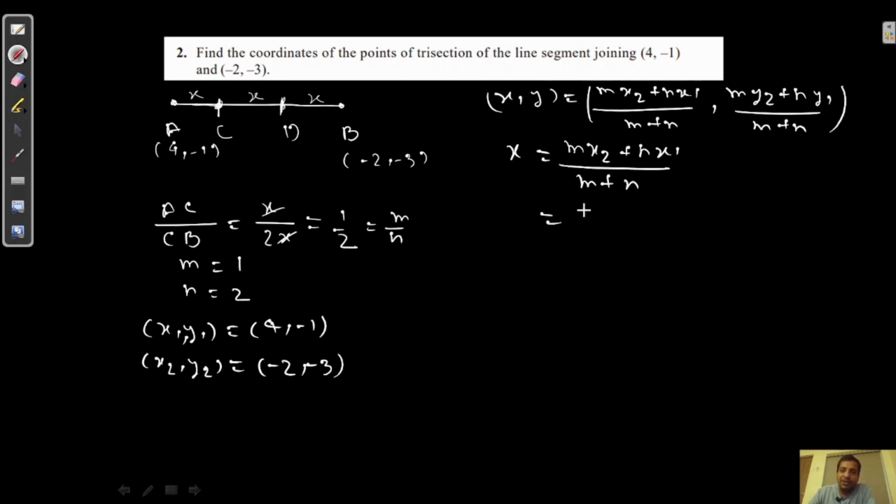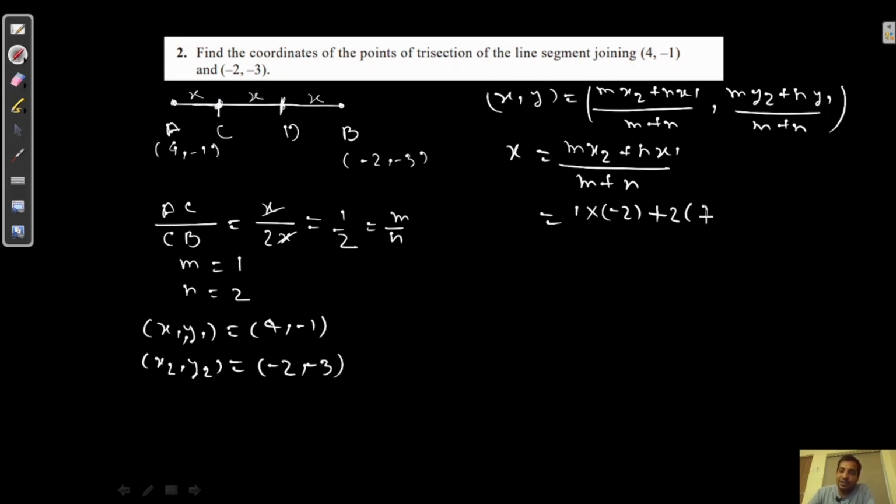Okay, let us solve it. What is the value of m? You can see here it is 1. What is the value of x2? Just compare. x2 will be minus 2, and to avoid calculation mistakes we will always keep a negative number in a bracket, plus n. The value of n is 2. For x1, what is the value of x1?